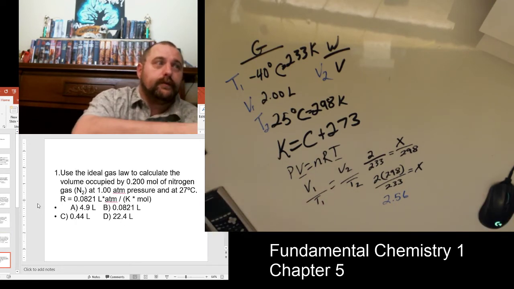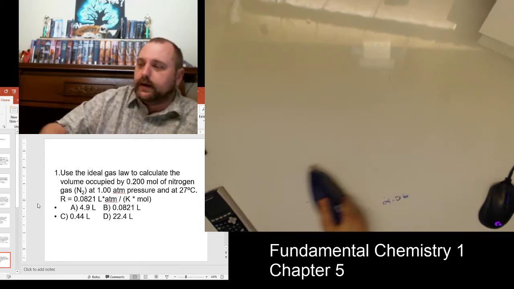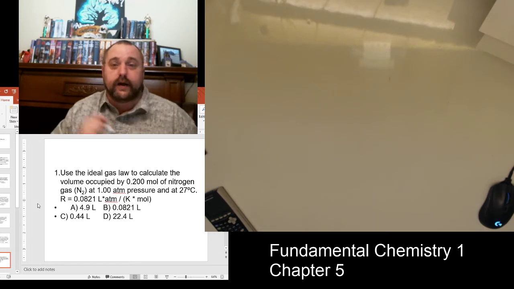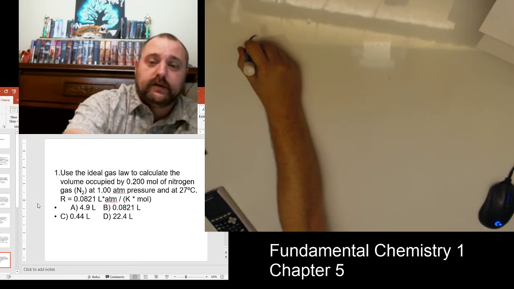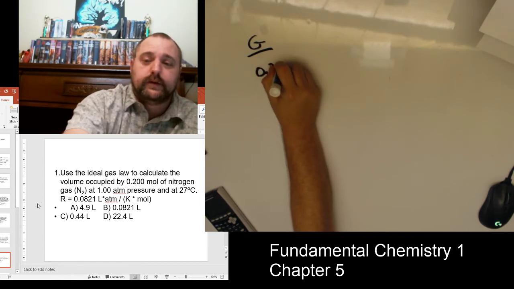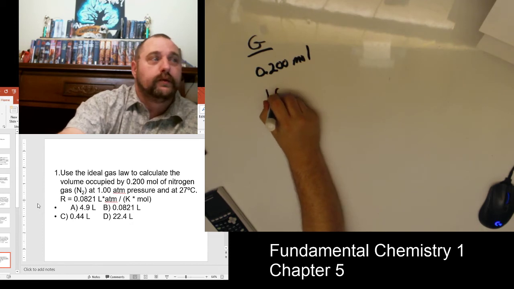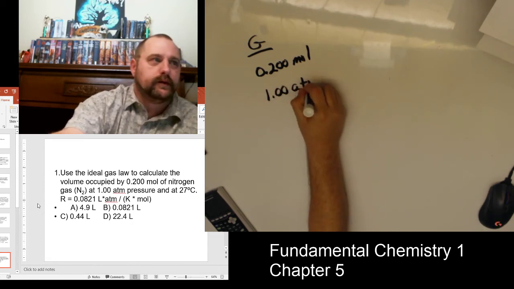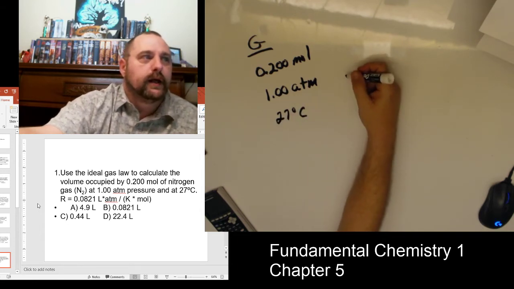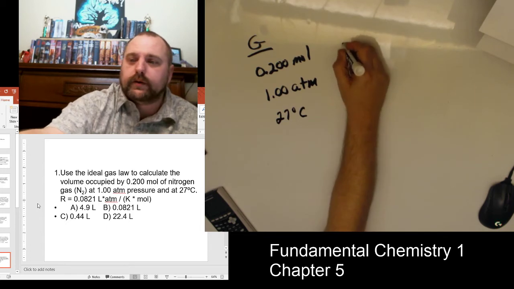All right. So the next one says use the ideal gas law to calculate, and it gives us a bunch of stuff. Now, let's say they didn't tell me to use the ideal gas law. Let's just write down what's given, and we'll see if we could figure it out. 0.200 moles of nitrogen gas at 1.00 atm and 27 degrees Celsius, and it asks for the volume.